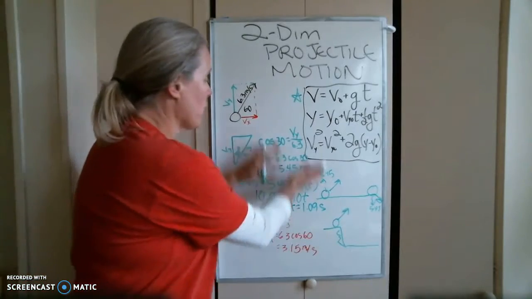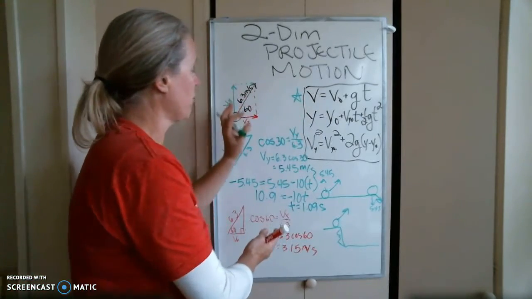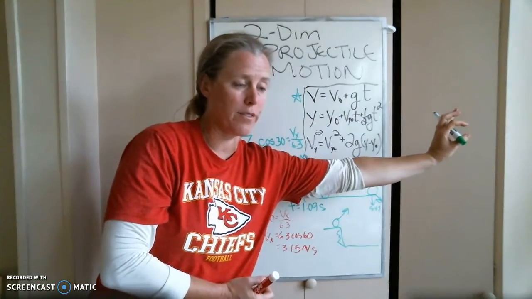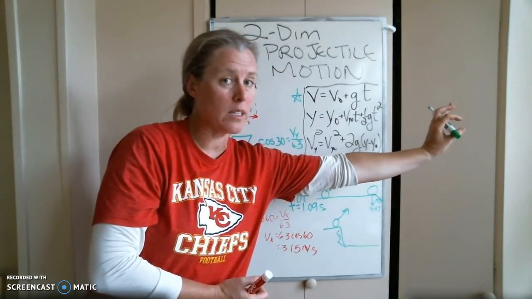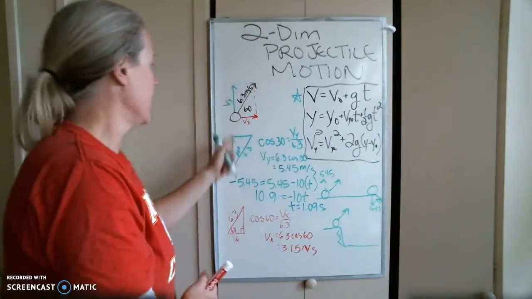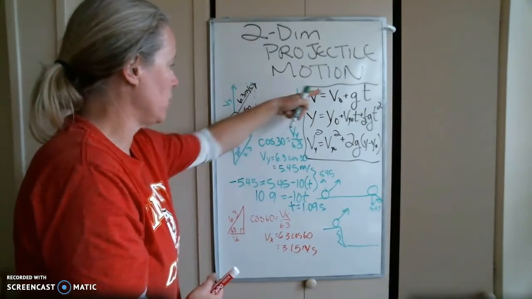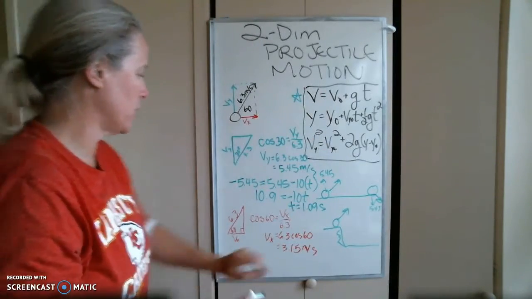So my vertical velocity, my vertical influence, determines how much time it's in the air. It doesn't matter how fast I'm shooting it off this way, as long as wind does not play a factor. Time up and down is related to these constant acceleration equations.